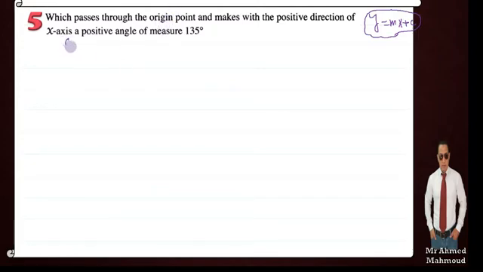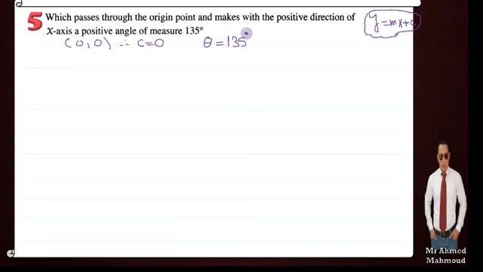This is the origin. Therefore, c equals 0. And it makes a positive angle with the positive direction of the x-axis whose measure is 135. This is called theta equals 135.